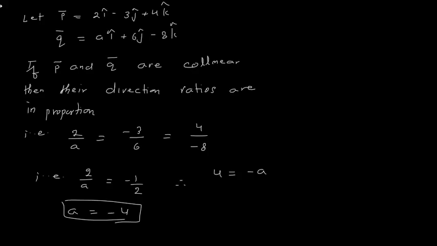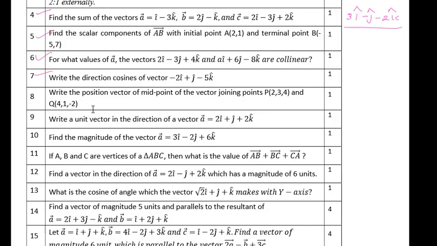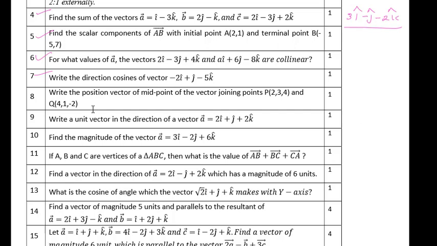Here, in the seventh problem, we are given minus 2i plus j minus 5k, and we have to find the direction cosines of this vector.